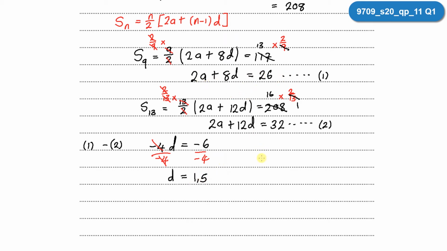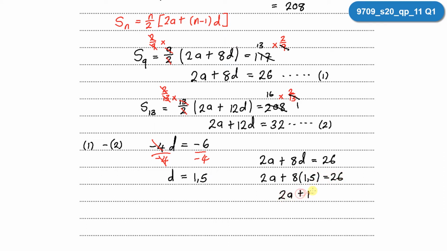If I take any one of the two equations, I can take the 2a plus 8d is equal to 26, and I substitute d into it, so that's 2a plus 8 of 1.5, it's equal to 26.